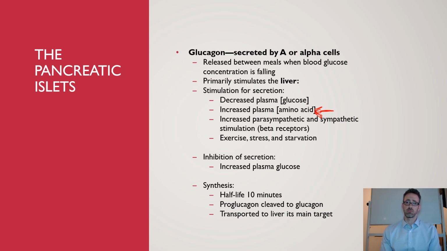And if insulin levels rise because it's responding to the amino acids, it's going to drive the glucose into the cells as well. And that can cause the glucose levels in your blood to go very low and you can become hypoglycemic. So in this case, the glucagon will rise in response to the rise in amino acid. And that helps to counter the drop in the glucose from the insulin, because glucagon's effect on the liver is to increase gluconeogenesis.